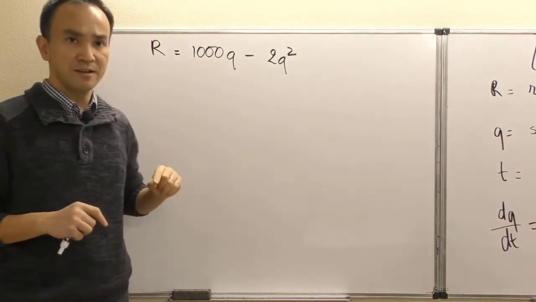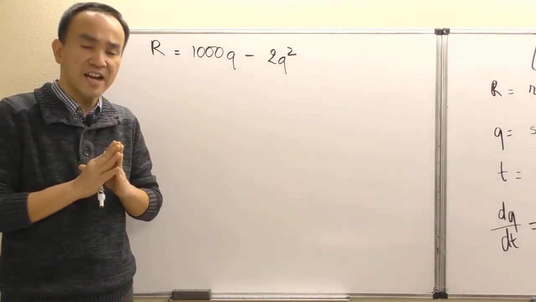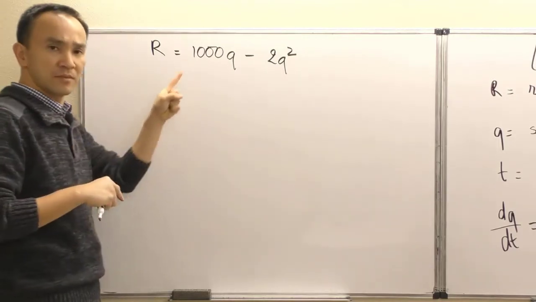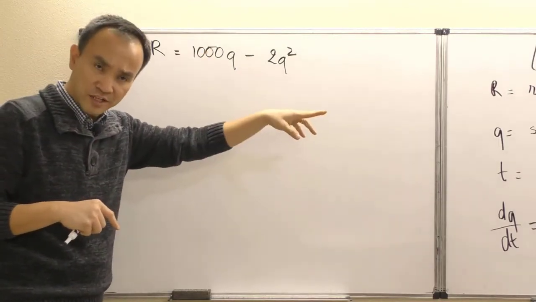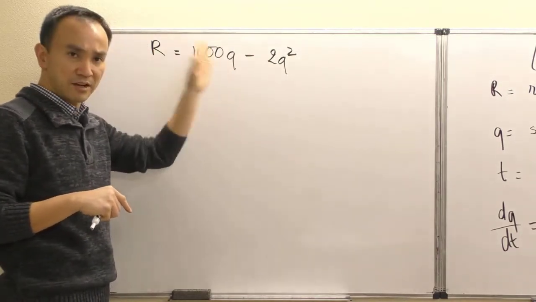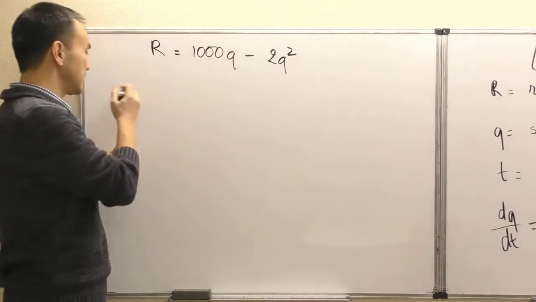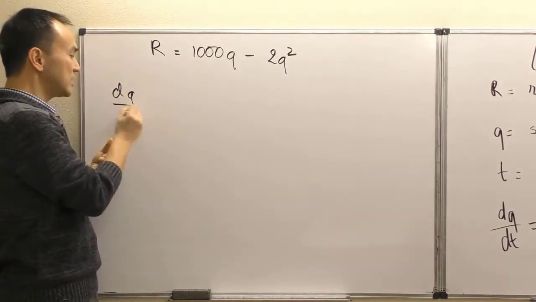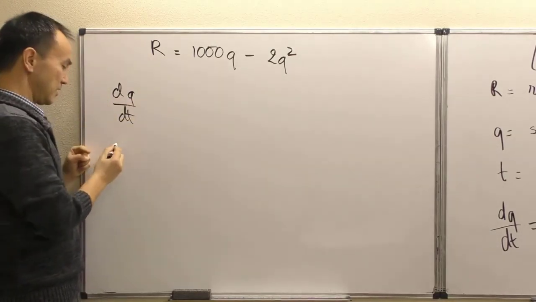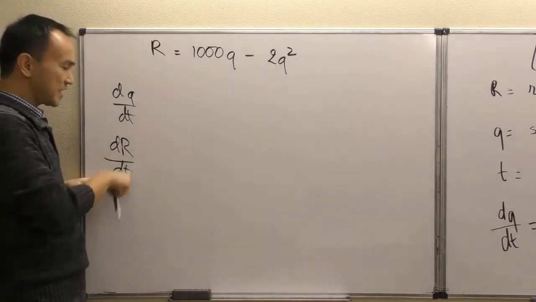Just like in other examples, the time variable, even though we know it's involved, is not directly present here, and our rate of change was clearly stated as dq dt. So we're treating q as a function of t implicitly, and then we find dr dt, and these are all rates in terms of t.